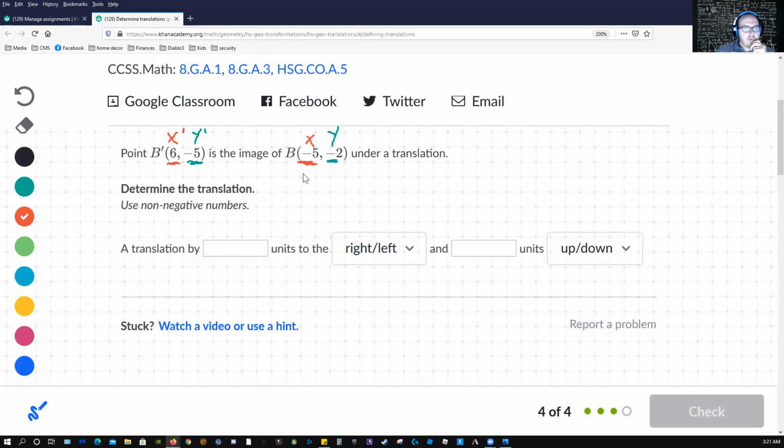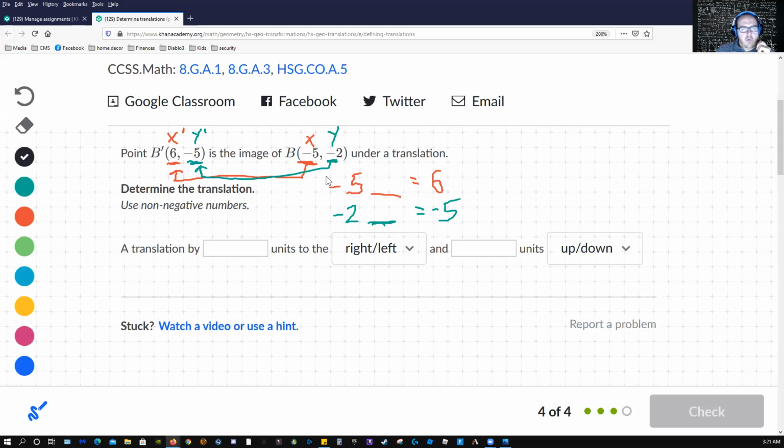So we went from -5 to 6 on the x-axis. -5 is where we started. Something happens, and now we're at 6. And then on the y-axis, we started at -2. Something happens, and then we end up at -5.